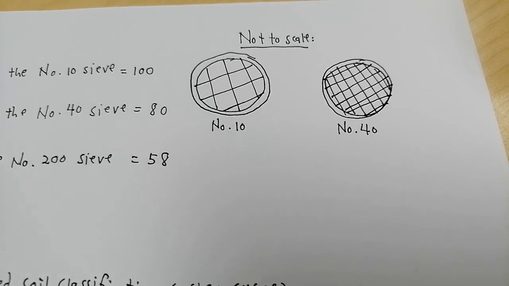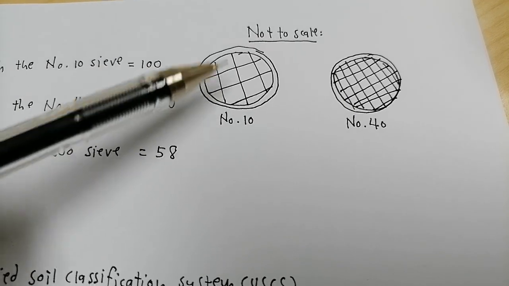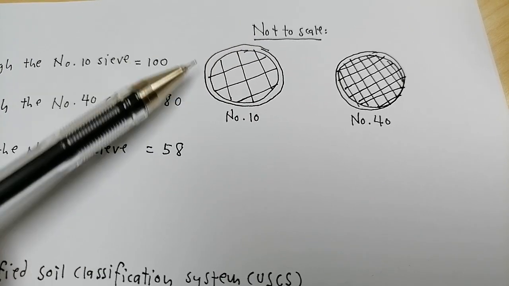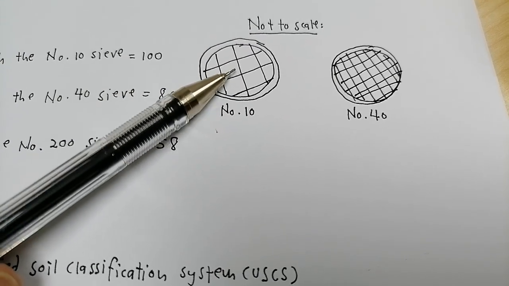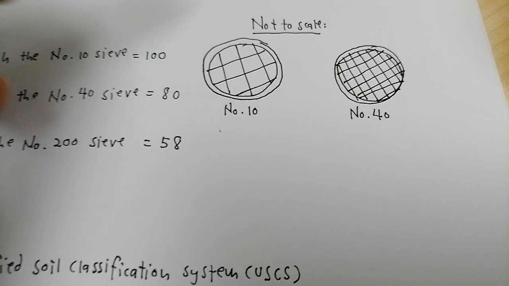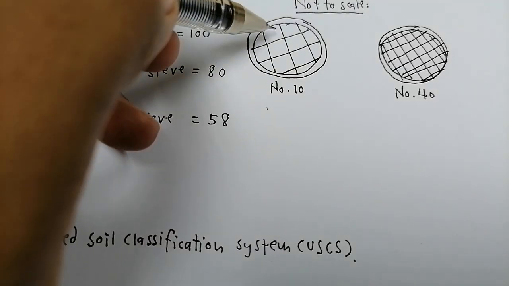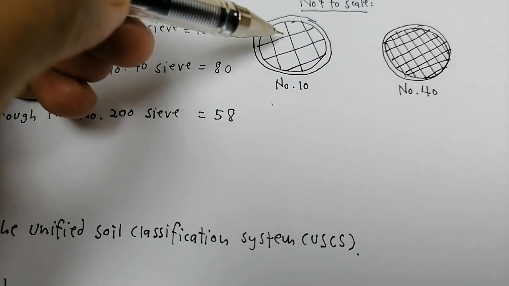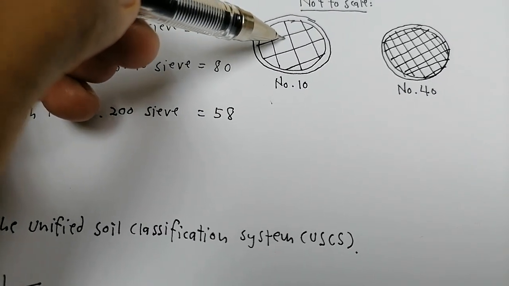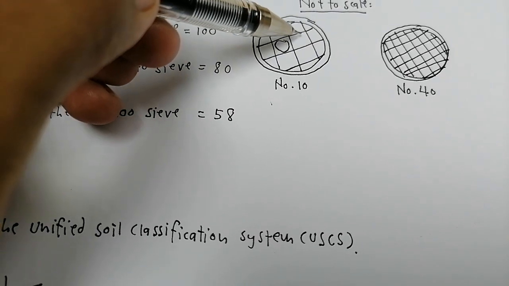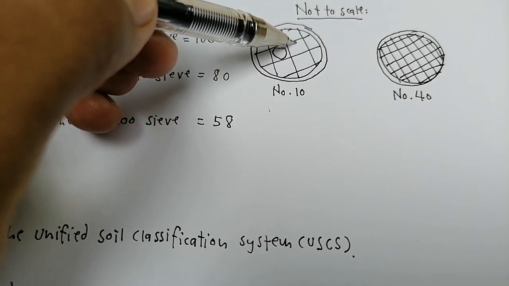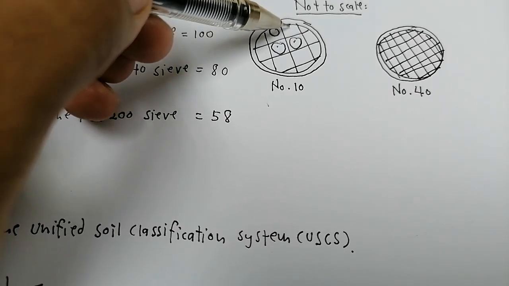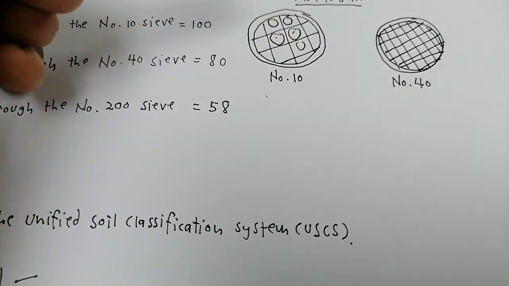Okay, so I draw this for you. Remember, this is not to scale, bukan ikut skala. This is number 10. So kalau you tengok opening dia besar sikit, opening di mana nanti bila awak tuangkan soil ke dalam sieve ni, so tanah ni kat sini lah. Partikel-partikel tanah yang lebih kecil daripada bukaan akan melepasi liang sieve ni.